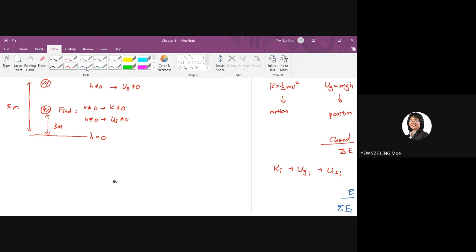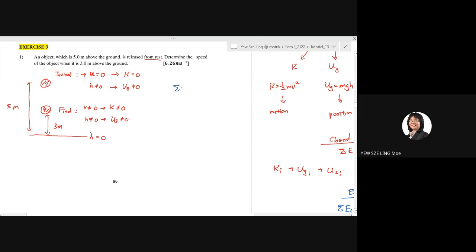We can form equations by using conservation of mechanical energy. So summation E initial equals to summation E final. Now, even though we know K initial is always equals to 0 in this situation, I'm still going to write it down, to make it look complete. So K initial plus UG initial equals to K final plus UG final.